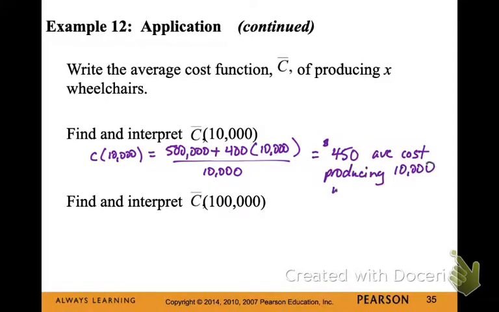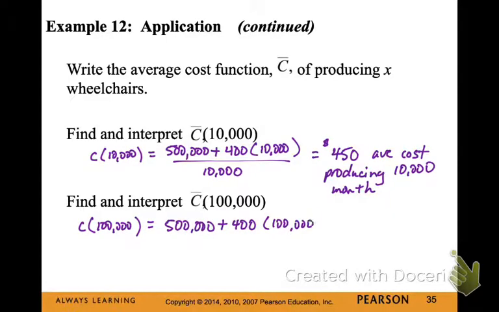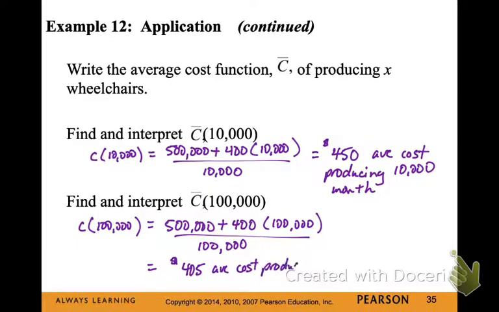And then finally, if somehow we can produce 100,000 chairs monthly, we can use this average cost function to see what this cost will be. Perhaps that 500,000 is rent or something, just a fixed cost that doesn't change no matter how many chairs we produce. So that reduces us to $405 average cost for producing 100,000 chairs per month.